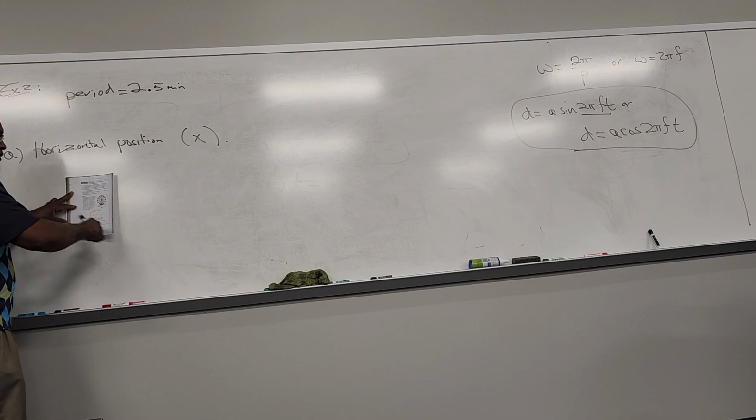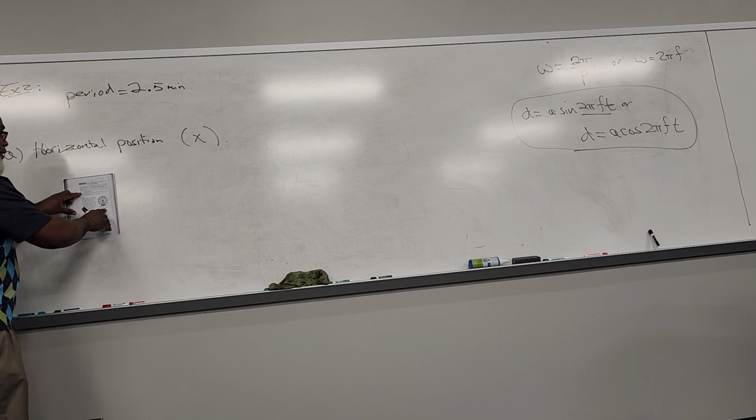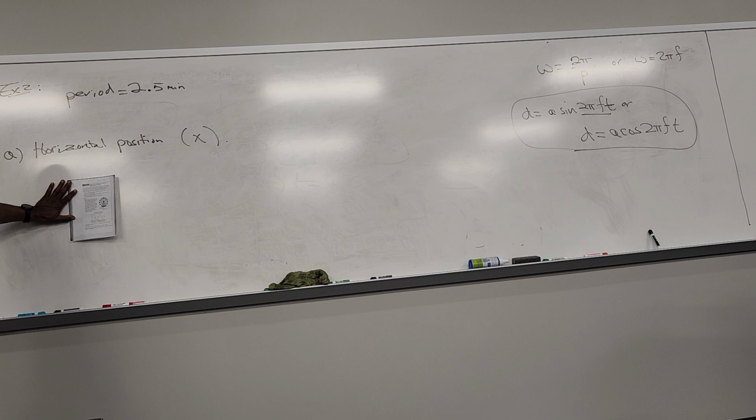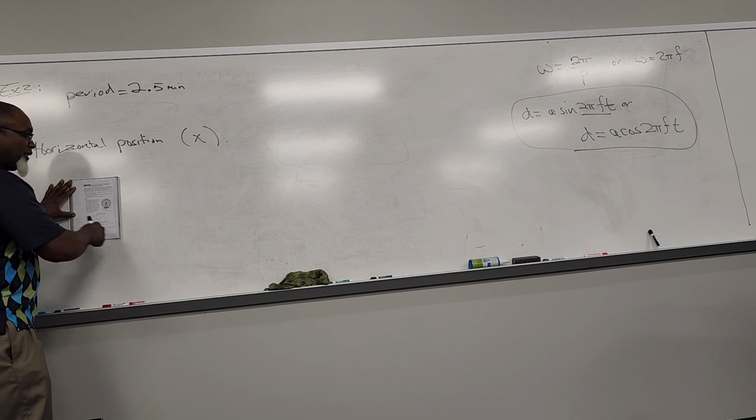So I want to write a model representing the children's horizontal position in feet at a time t after the ride starts. I have to imagine the kids getting in the cart, and they start at x equals 0, and then they start going around.